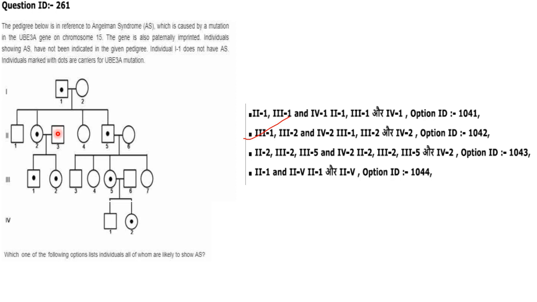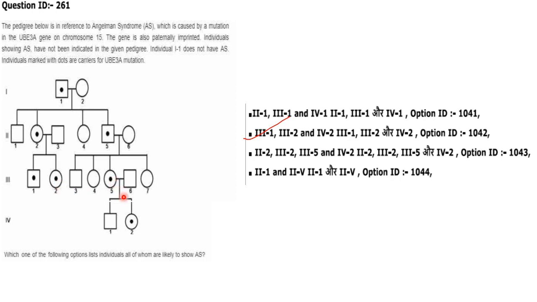He is giving his imprinted gene to the next generation, to his offspring. So the imprinted gene goes from the father to the son, and the imprinted gene goes from the father to the daughter. So they both will be diseased. So 3-1, 3-2, they both will be diseased.